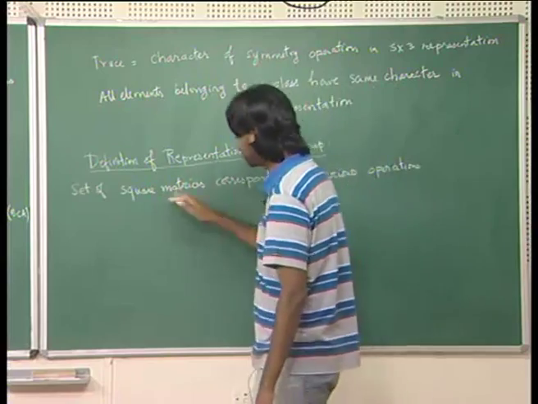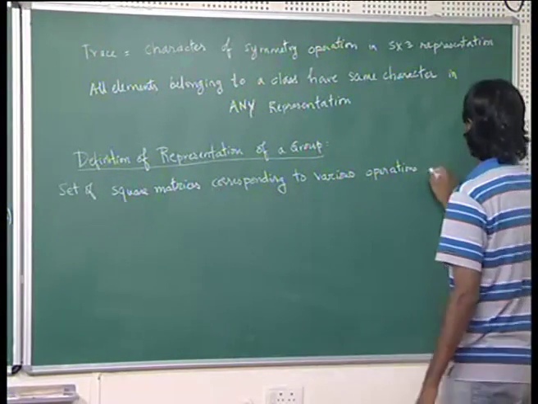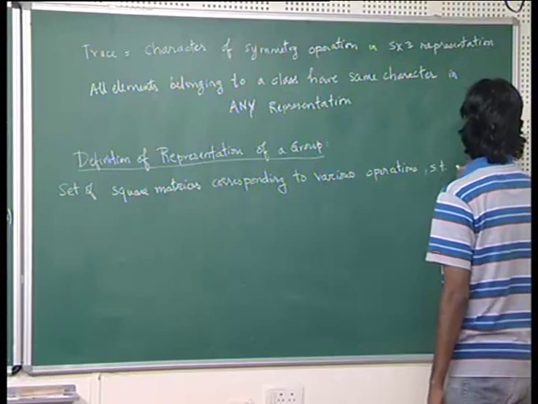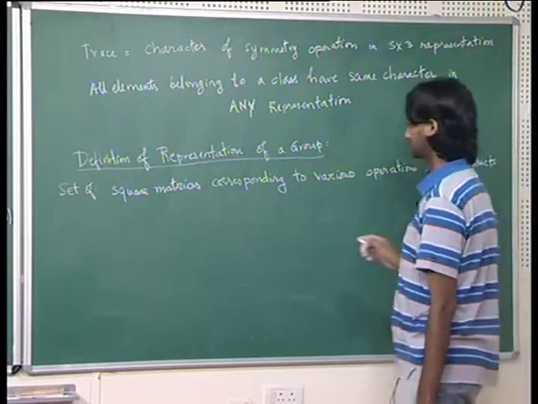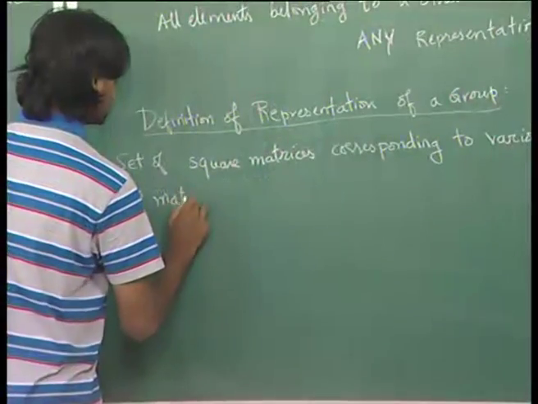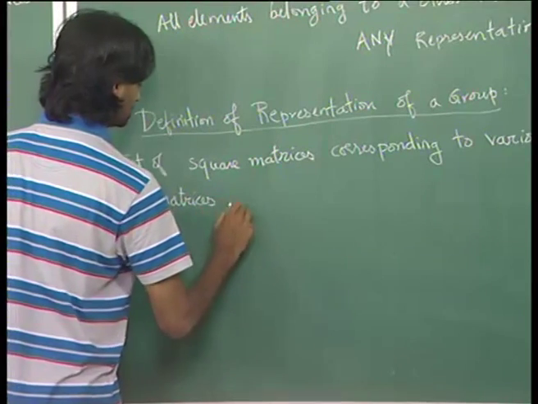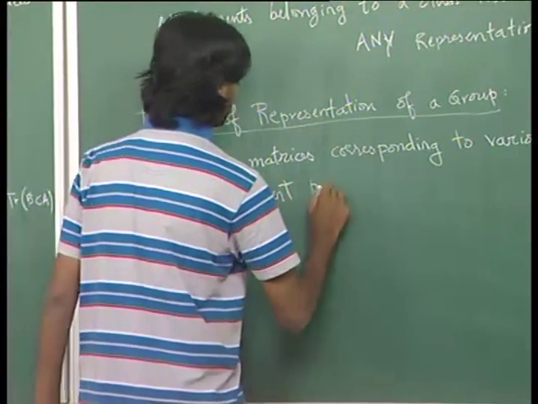Okay. So, that means each operation has a square matrix associated with it, such that products of matrices represent products of operations.